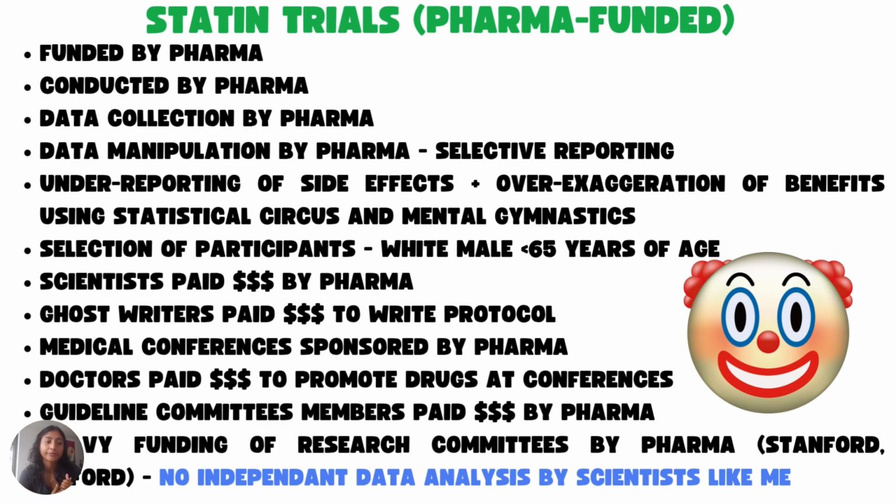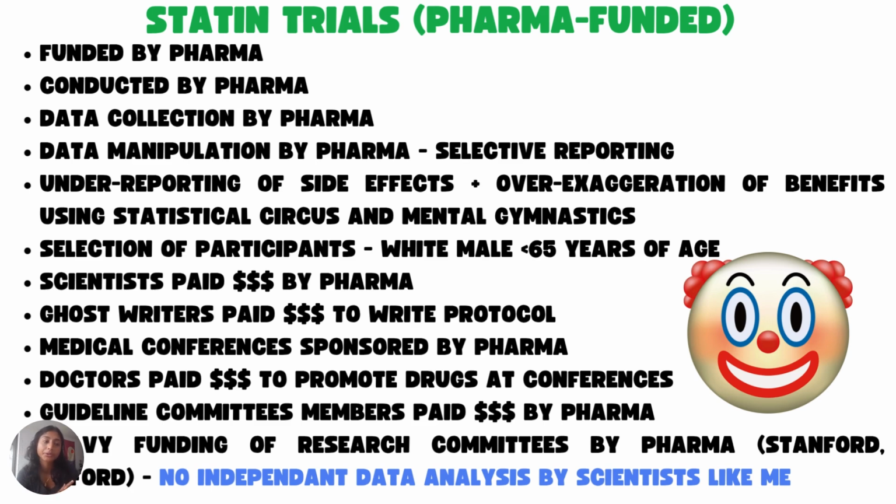For example, if there's an absolute risk reduction of 0.5%, they will use another statistic called relative risk reduction. I've gone over that in my other video, but if you want to know more, text me down below.